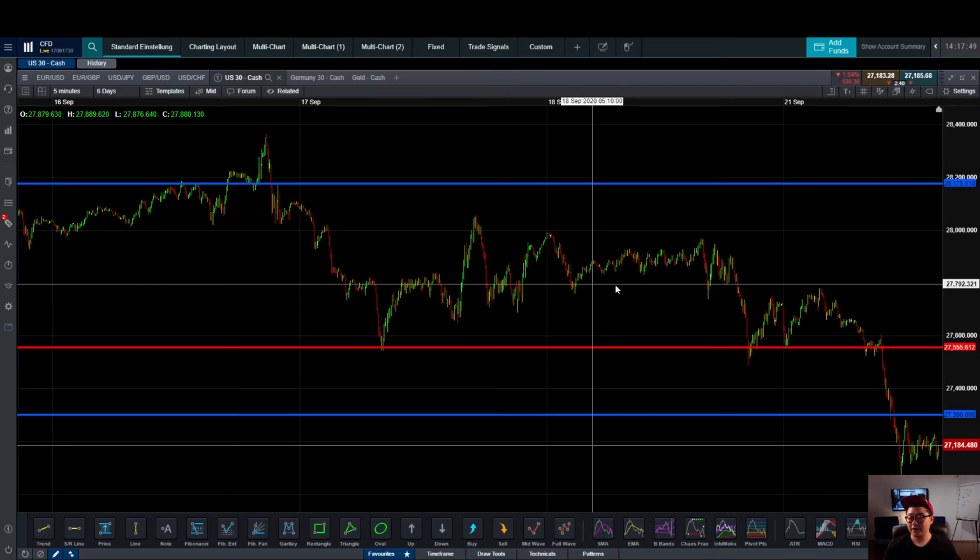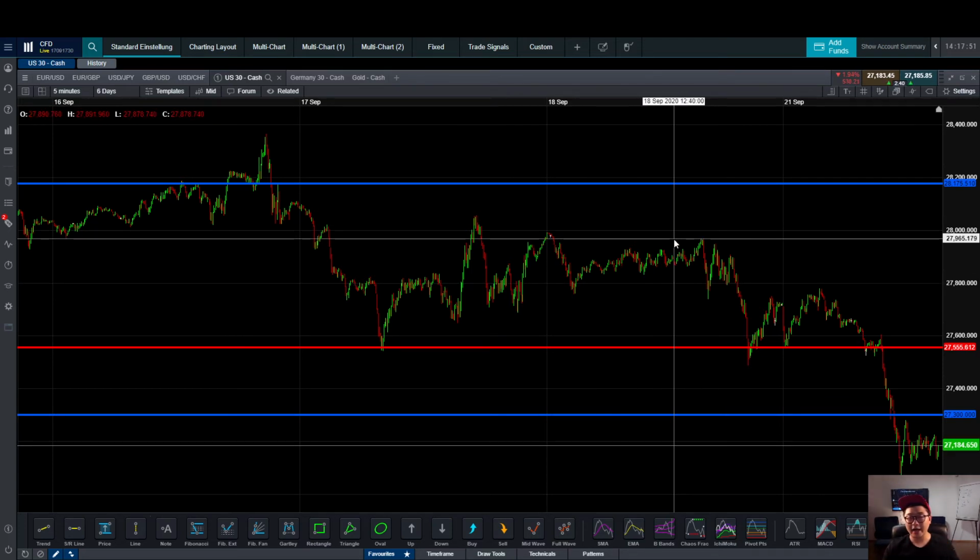Your risk management is very important in that. When I swing trade, I don't trade with huge positions because my stop loss is way bigger and that will consume way more of my capital. When I scalp or do day trading, my stop losses are way smaller, but then I increase the size.